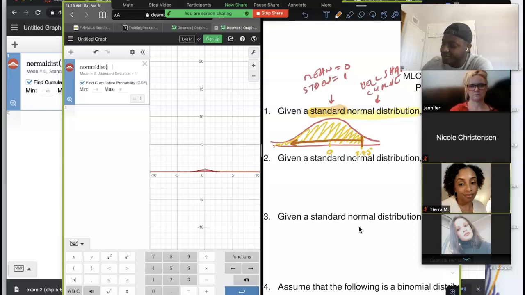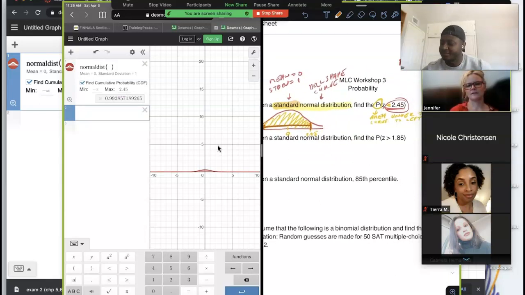Because that's going to go on forever, we leave the negative infinity part, but the largest value we could reach is 2.45, so we're going to change that to 2.45. And so we change that, and then that's our probability. Does that make sense?